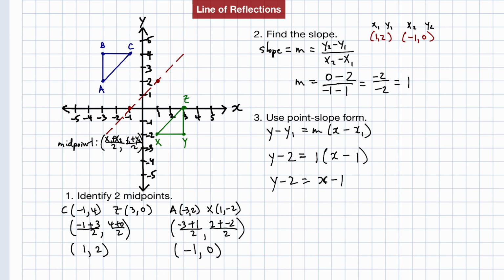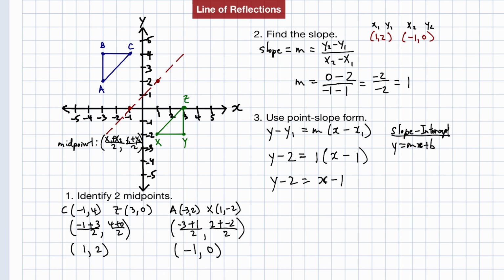Now slope-intercept form, if you remember, I'm going to just write it right here. That's going to be y is equal to mx plus b. So as you see, we don't have y equals mx plus b.